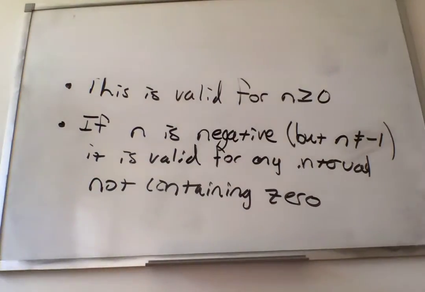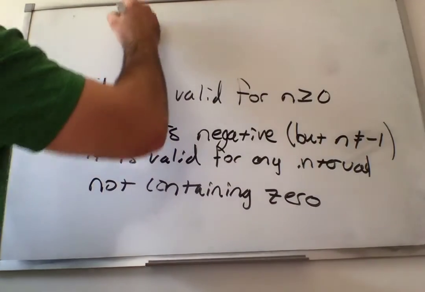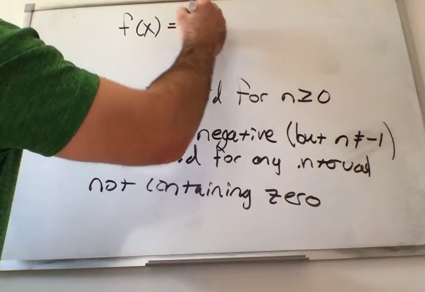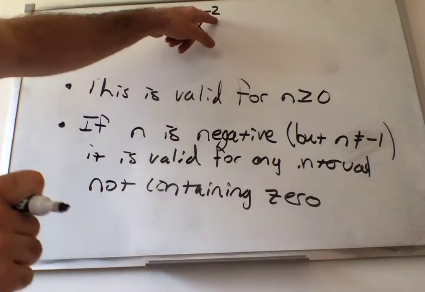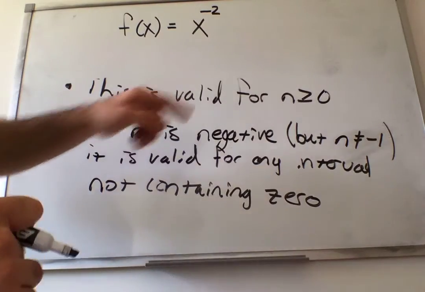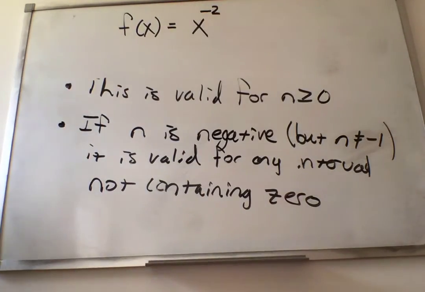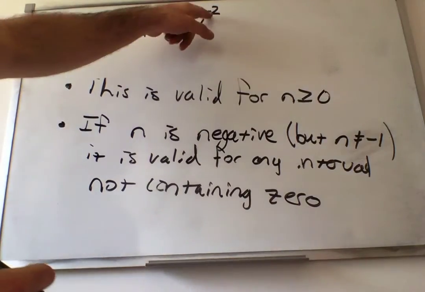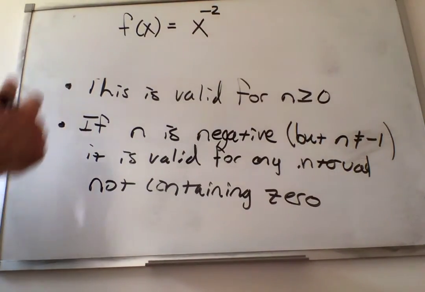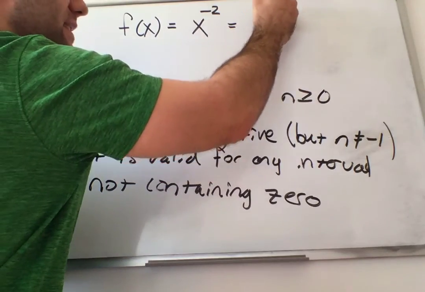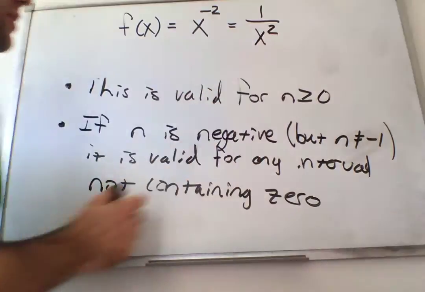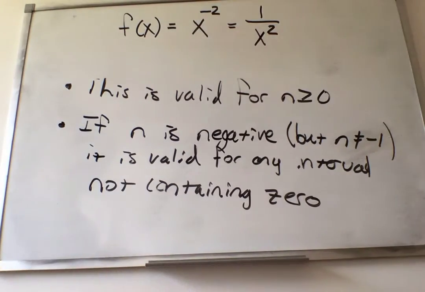So let's go ahead and take a look at f of x is equal to x to the negative second power. This is definitely n is negative. Now, it could be any negative number, negative 2.6, negative 3 halves, whatever you want. I just chose negative 2, to make it easy. If I were to rewrite this, it's the same thing as 1 over x squared.